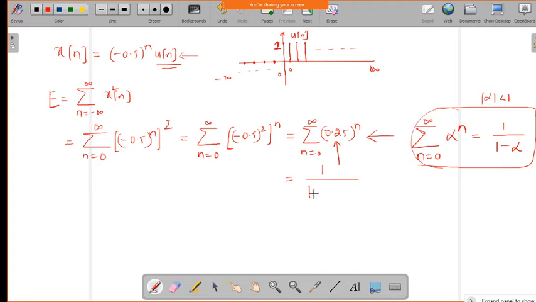You will get 1 over 1 minus 0.25, which gives 1 over 0.75. Is it less than infinity? Since it is a finite value, the signal x of n is an energy signal.